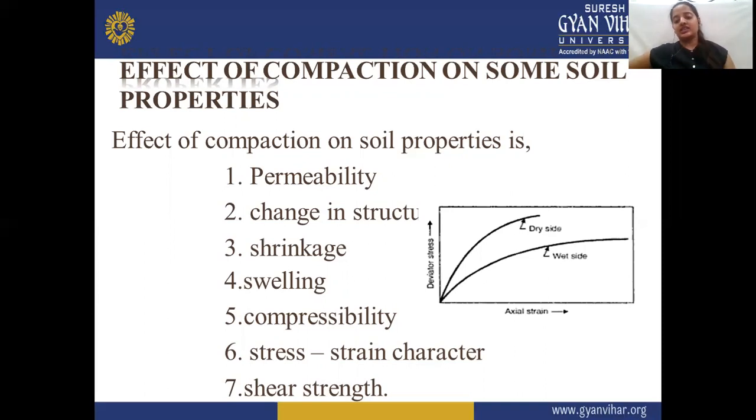Then the stress and strain characteristics: the soil has the capacity to undergo a lot more stress and is capable of retaining a lot more strain. And most importantly, the shear strength of the soil sample is also highly increased due to the compaction.